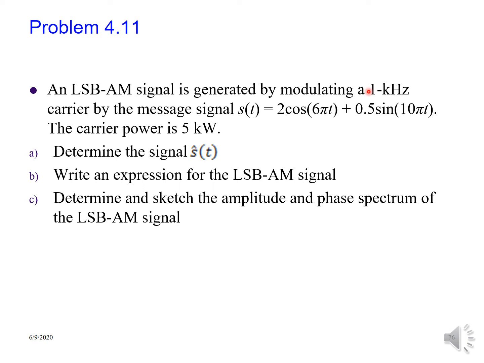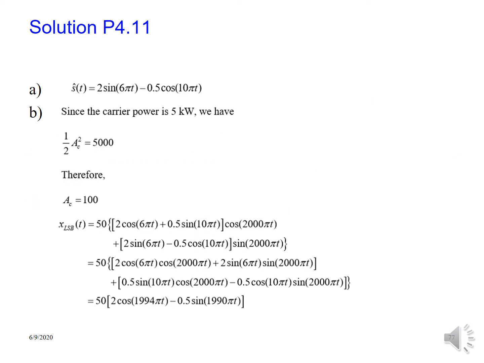You have the AC from here and the FC from here, and then the signal is here. So you know the formula for LSB, which is the signal multiplied by the carrier plus the Hilbert transform of the two of them also multiplied, and then you can sketch the amplitude and phase spectrum. This is the answer.